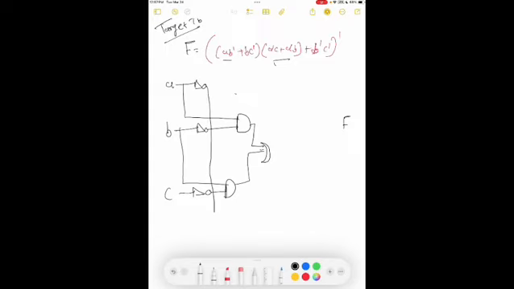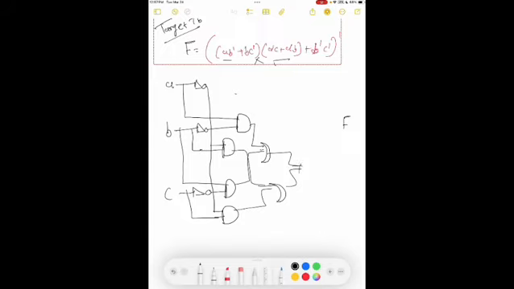Then for the second bracket, first is A prime C, then A prime B. They both have a plus, so OR, and then this has an AND, so they multiply by AND.